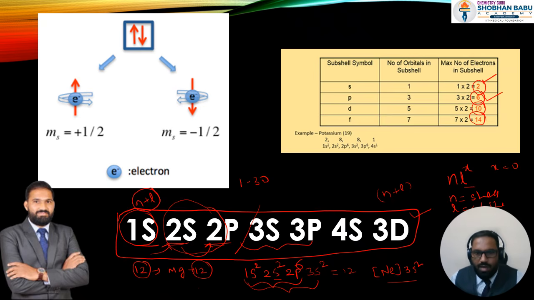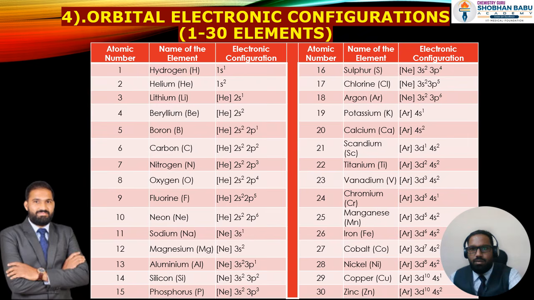Till where the atom is stable, till then you will write the nearest inert gas. The remaining electronic configuration you are supposed to write as it is. This is called the outermost orbital electronic configuration. So these are the 30 elements. By using the outermost orbital electronic configuration, you can try all of them very comfortably.